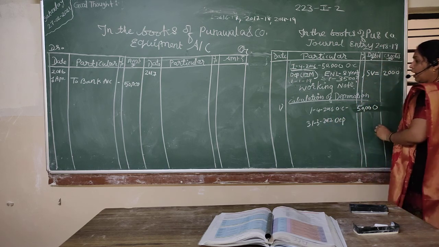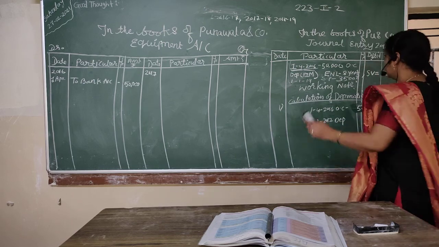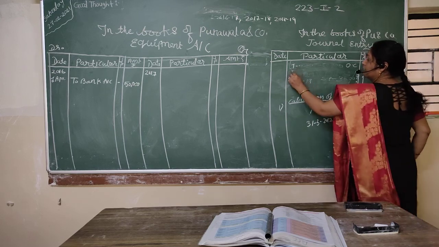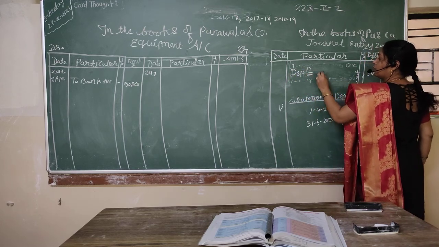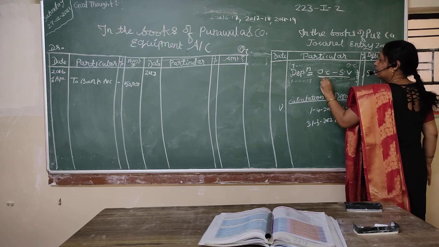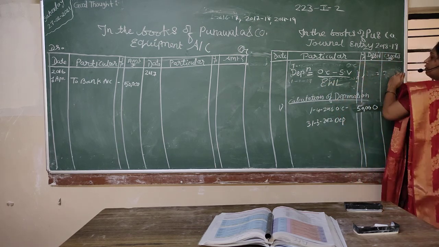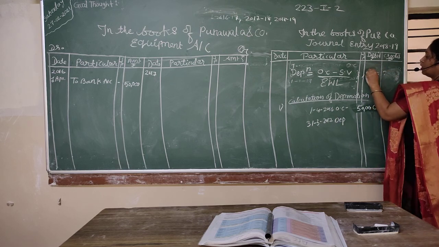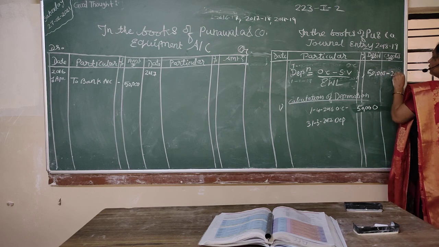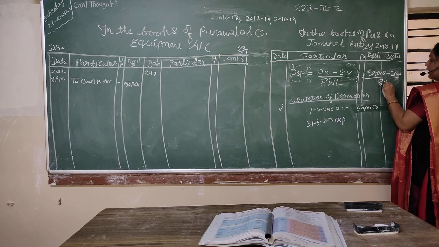We have to calculate the depreciation amount, and the formula is depreciation equals original cost minus scrap value divided by estimated working life. So put the values: original cost 50,000, scrap value 2,000, and estimated working life 8 years.